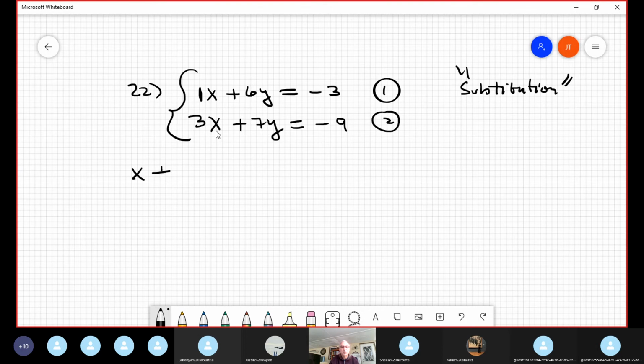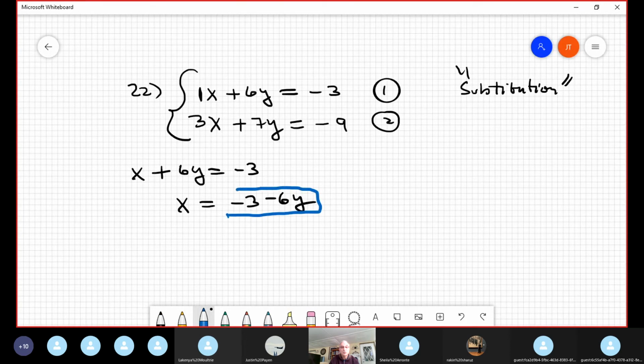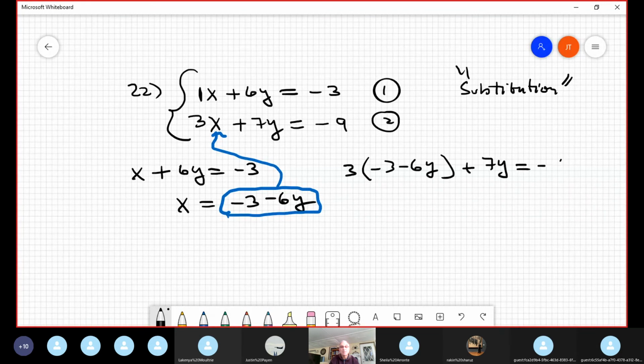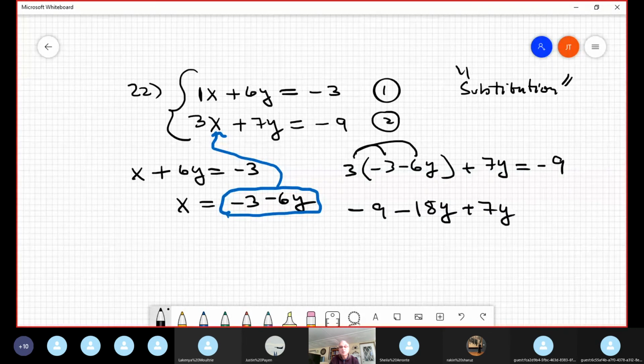So I copy x plus 6y equals negative 3. So x is negative 3 minus 6y. This expression I substitute here. So 3 times parentheses negative 3 minus 6y, plus 7y equals negative 9. Okay, distribute the property: negative 9 minus 18y plus 7y equals negative 9.